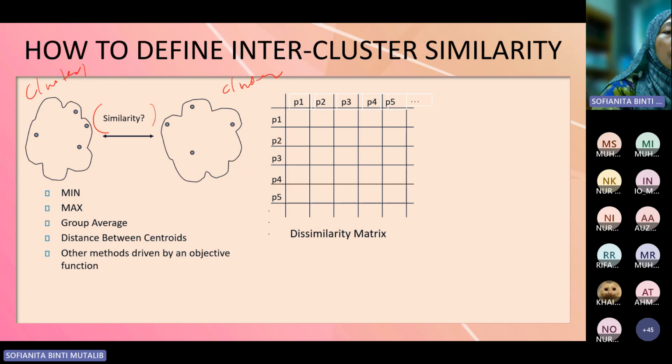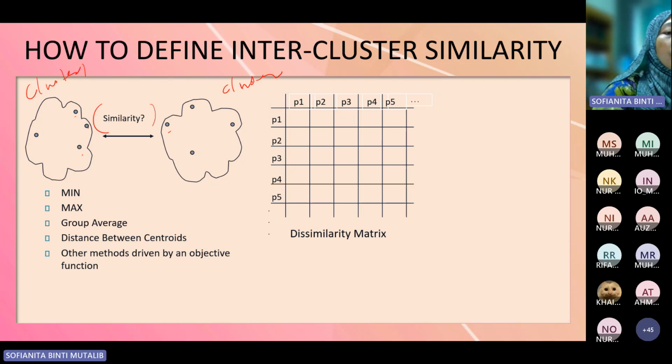As you see, in cluster 1 there are several objects over here, and several objects over here. If you want to combine the clusters, you can calculate the distance based on several functions.